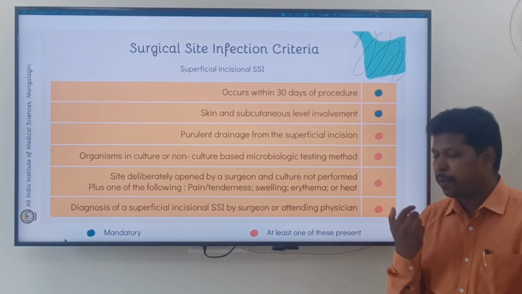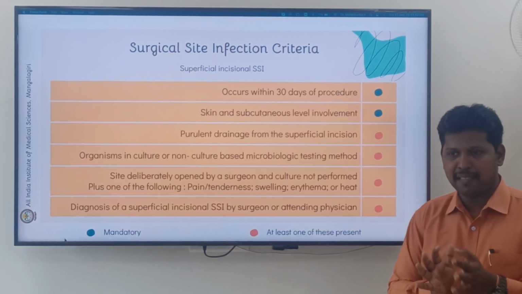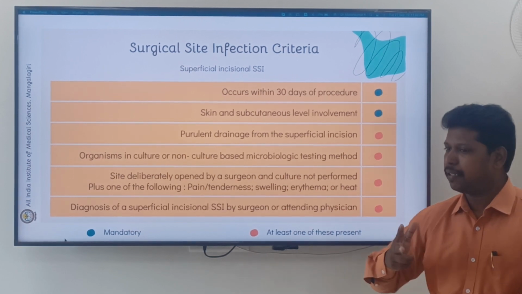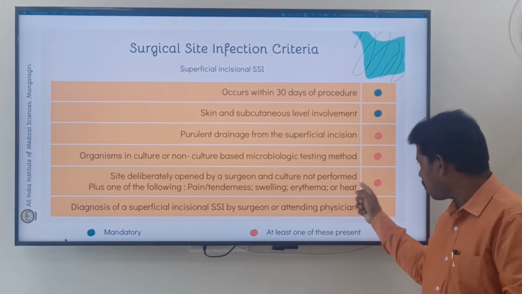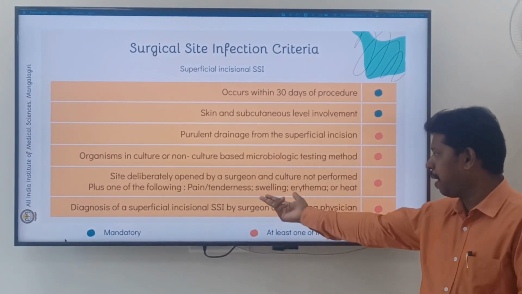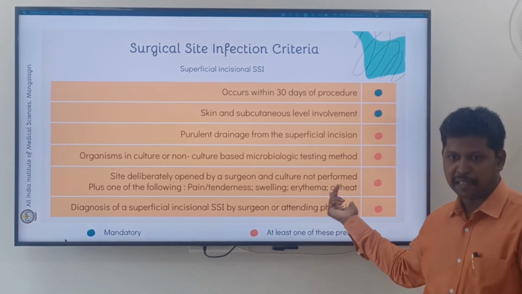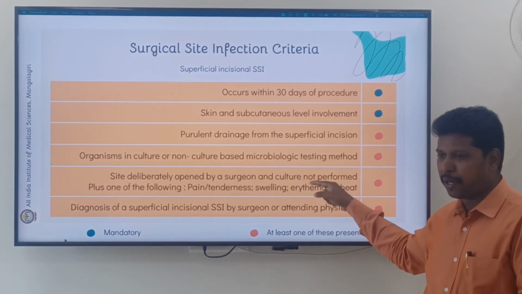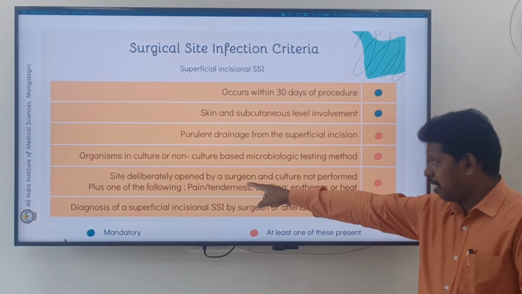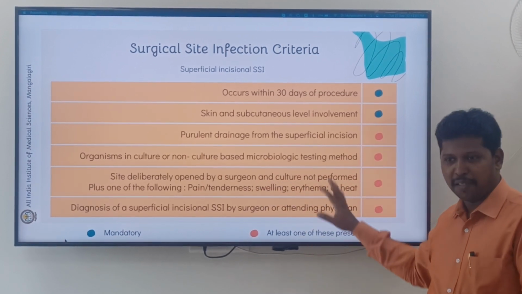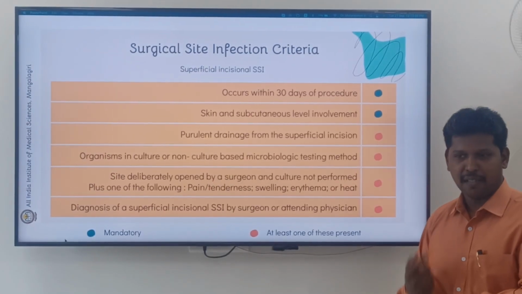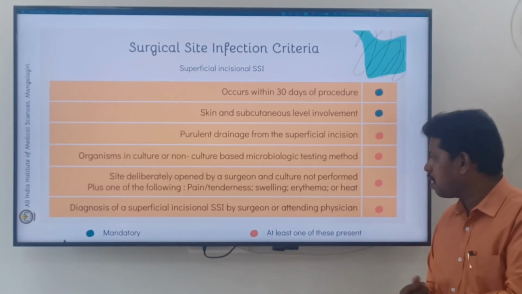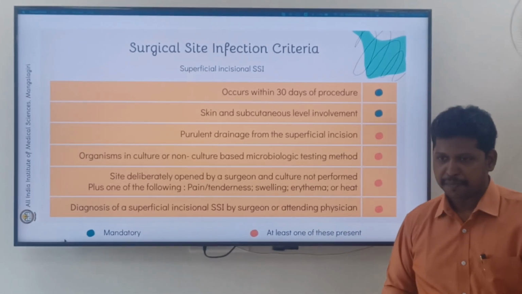Site is deliberately opened by the surgeon. So the surgeon feels that there is something wrong, so he is opening the site deliberately, but culture is not sent. Because of these reasons he might have opened it, like pain or tenderness, swelling, erythema or heat. So any one of these points should be there. If the criteria match in this point, that will be taken as one of the criteria fulfilled. Diagnosis of superficial incisional SSI by surgeon or attending physician.